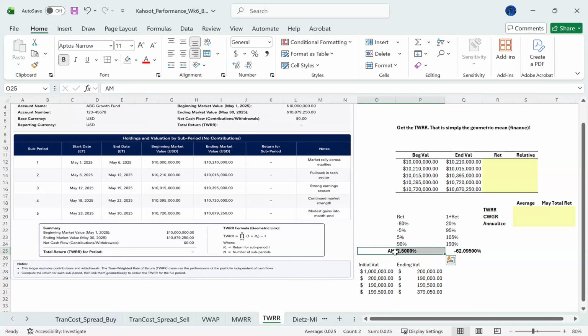Okay, now this type of effect is less and less relevant the longer the data that you are using to evaluate a given portfolio, the historical values.